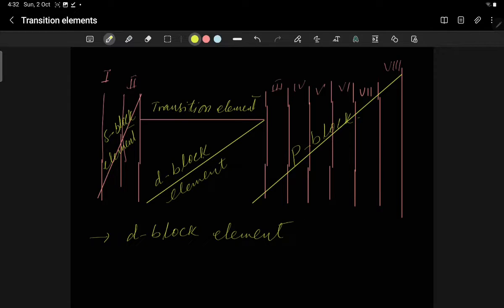Why are they d block elements? Because d block elements are the ones in which the last electron enters the d orbitals during the process of orbital filling.